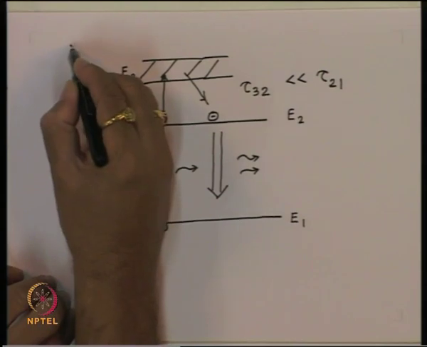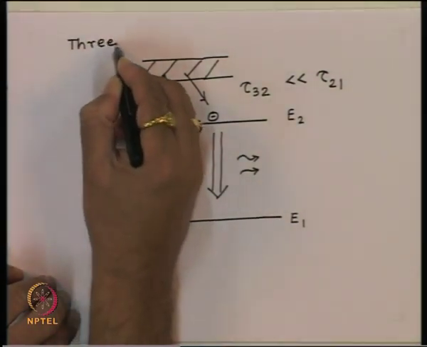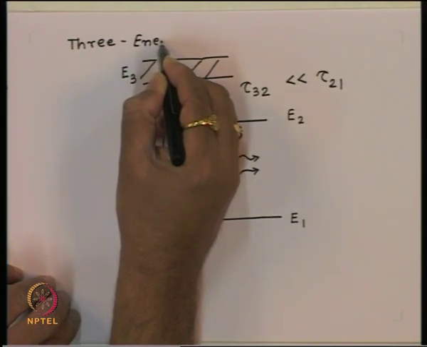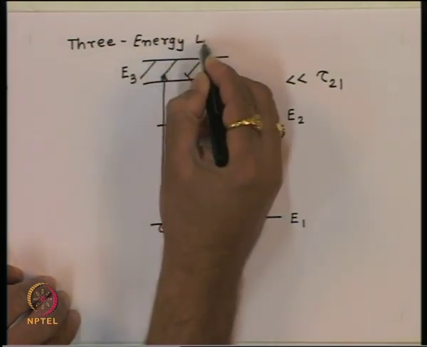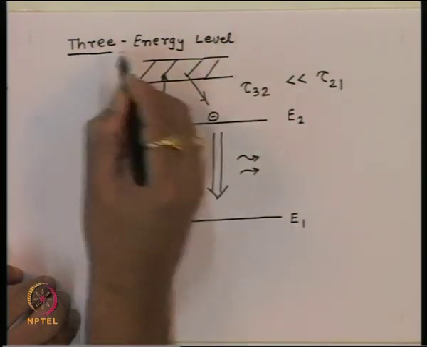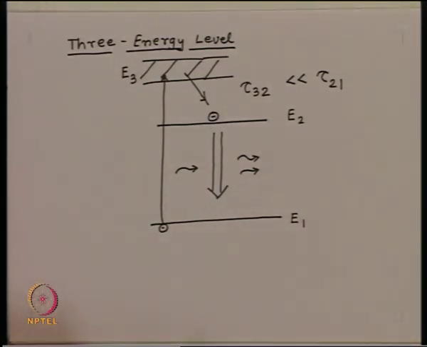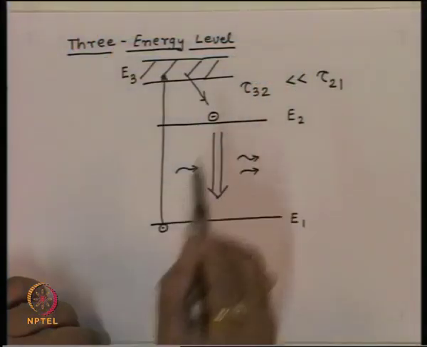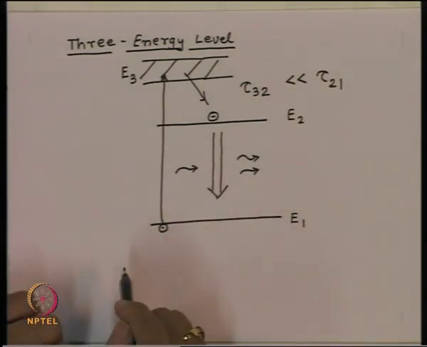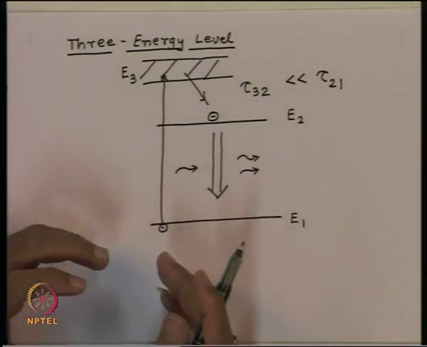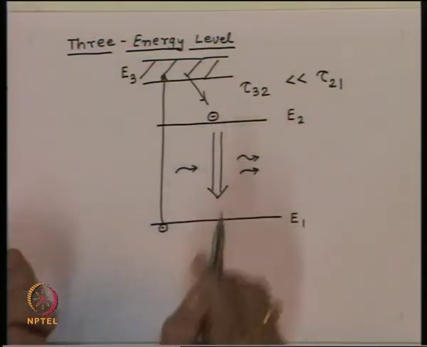So in principle, then, it looks like a 3 energy level system will be the minimal system which is required for creating the population inversion. However, you will see that even the 3 level system will not work very efficiently in practice, and the reason is very simple. Even if the electrons are accumulated now at this region here, when this photon comes, as we saw, the probability of interaction of this photon with this electron or this electron is equal.